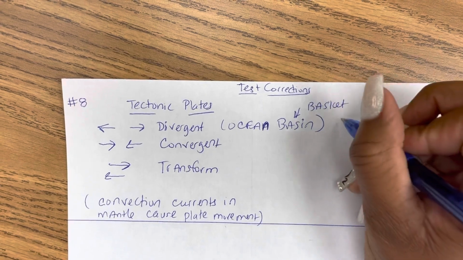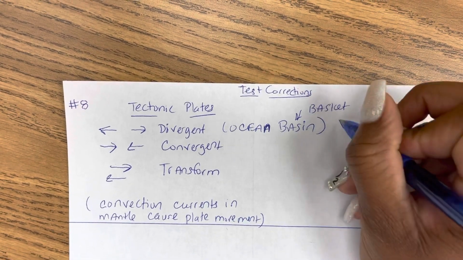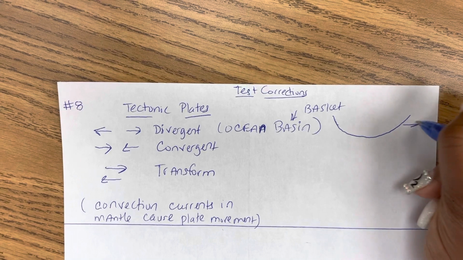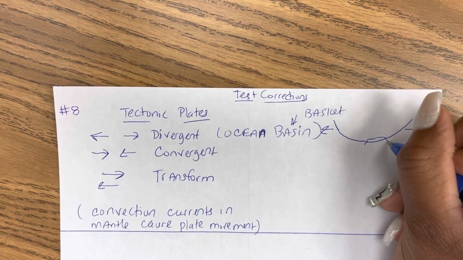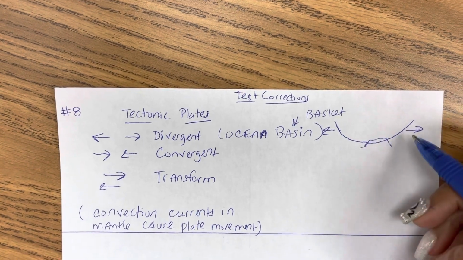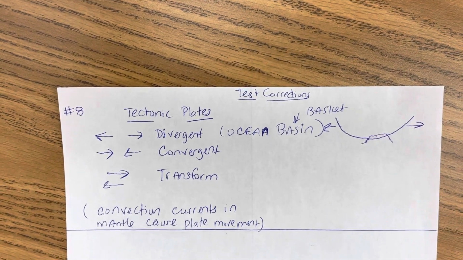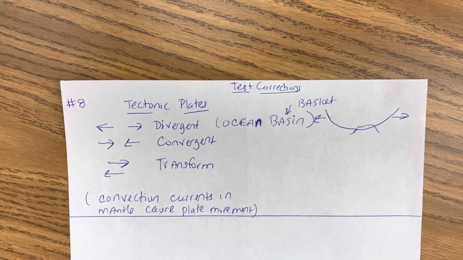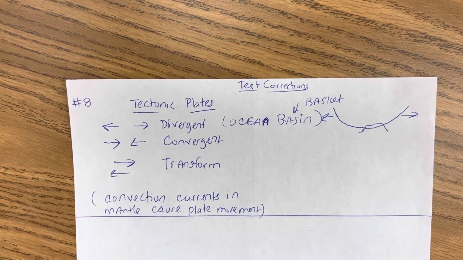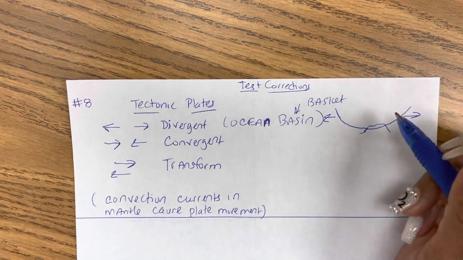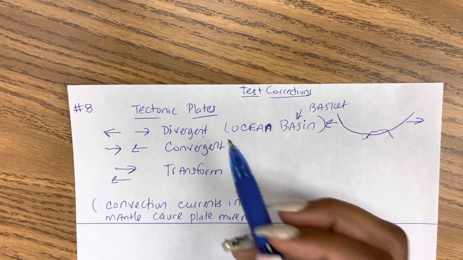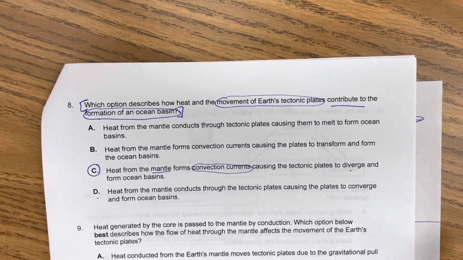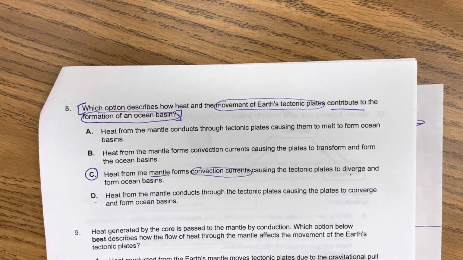So we know that when an ocean gets larger, it exposes more sea floor, and therefore that floor now becomes a part of the ocean basin, as that magma cools and hardens. So this happens as a result of divergent boundaries, and the answer choice that students were choosing, this happens as a result of divergent boundaries.